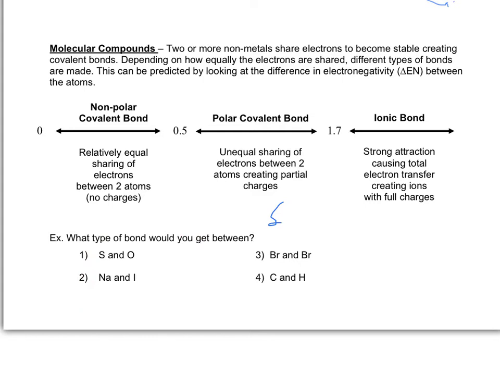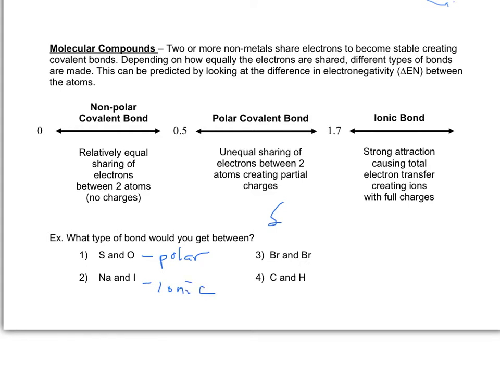Here are the answers. The bond between sulfur and oxygen has unequal sharing of electrons. It's a polar bond. Sodium and iodine are a metal and a nonmetal. If you do the math, you get an electronegativity difference that gives you an ionic bond.